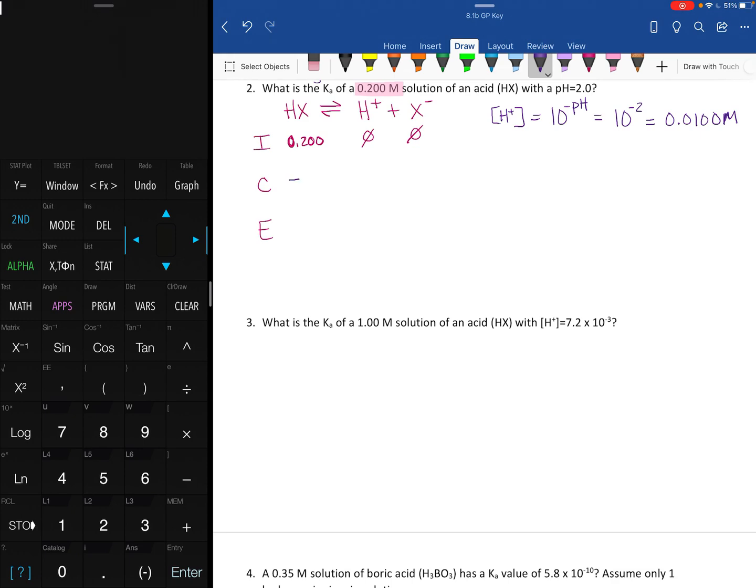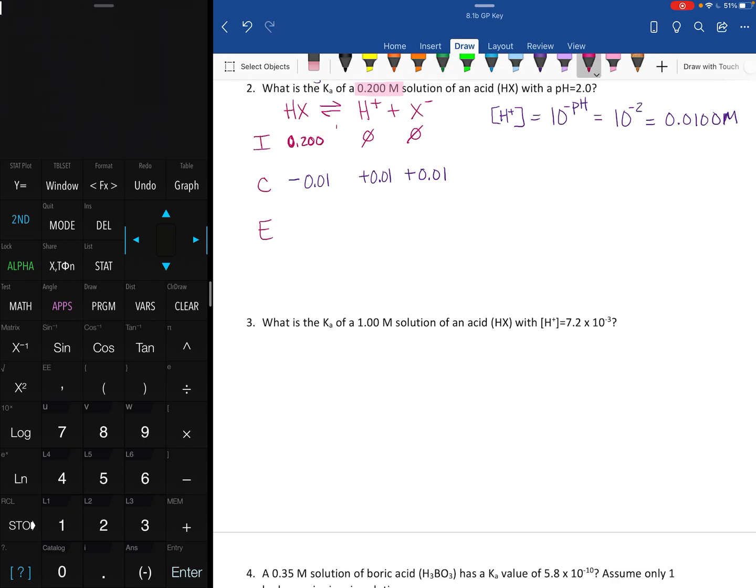So we're going to take that away from the left side because it's going to transfer from the left to the right as it ionizes. So 0.01, and then we're going to add it to the other side. Now, for every one that we lose on the left, we gain one of each ion, and so we see that there. And then eventually we're going to go ahead and add these up.